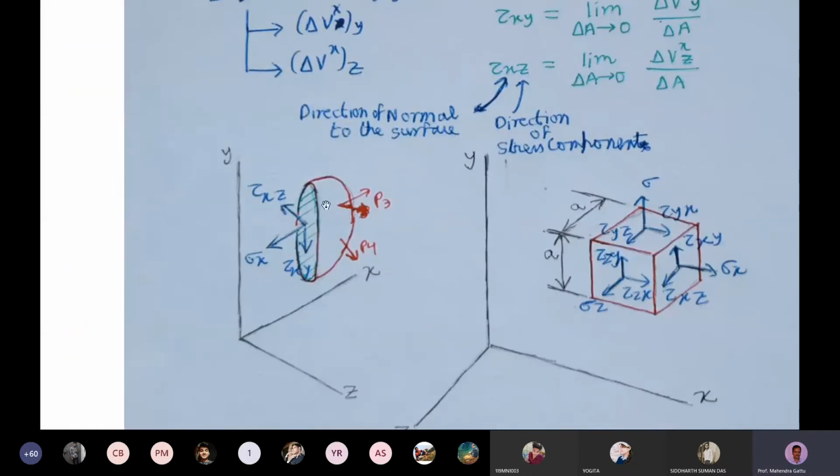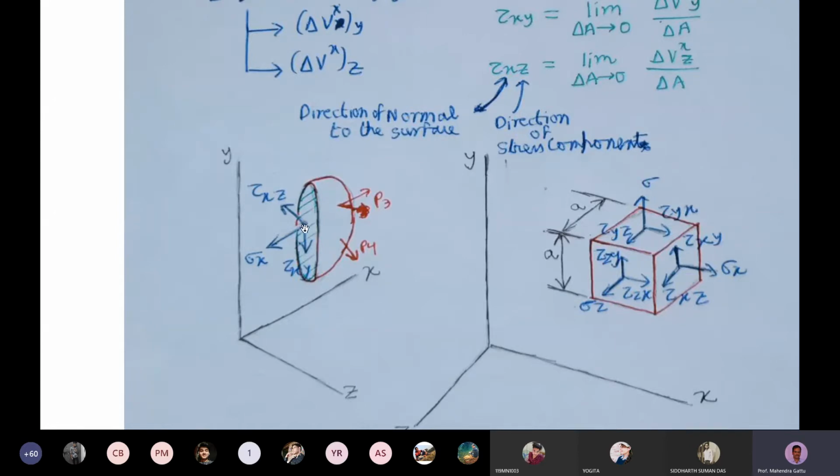So here the stress components will be in the opposite direction, along the negative x-axis. Sigma x is in the opposite direction, and tau xy is acting opposite to the y-axis, and tau xz is acting opposite to the z-axis.